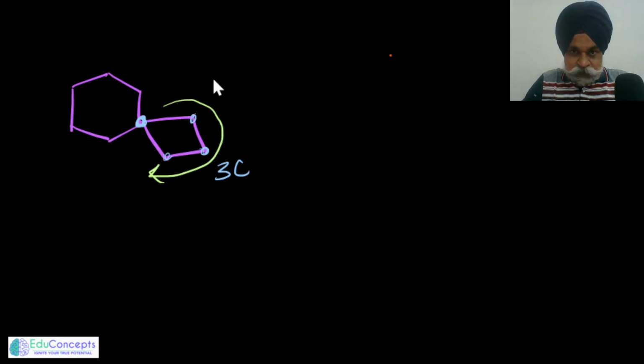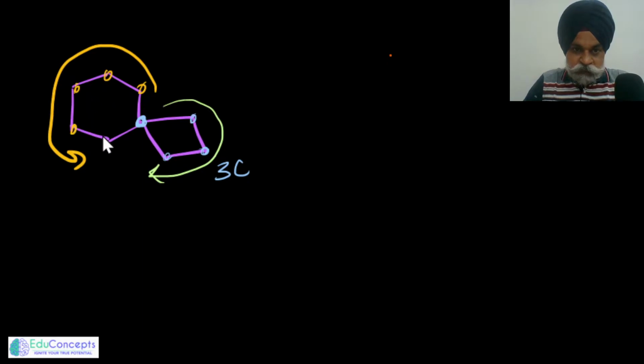Similarly, let us take one more example. Here, this is the bridgehead atom. If I move from this direction to this direction, I obtained 3 carbon atoms, 1, 2, 3. And if I go from this direction to this direction, I obtained 1, 2, 3, 4, 5.